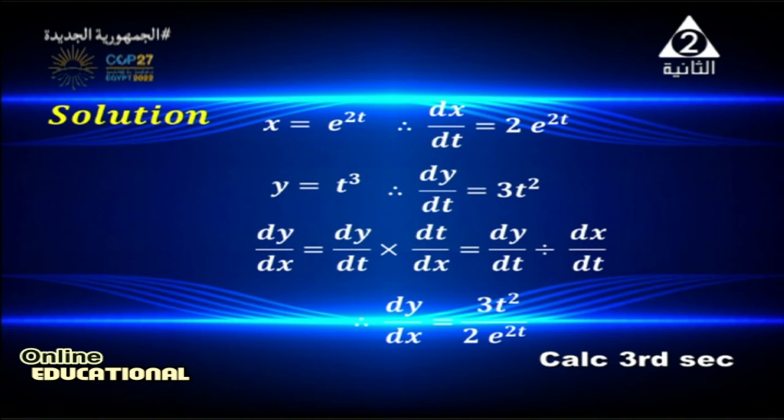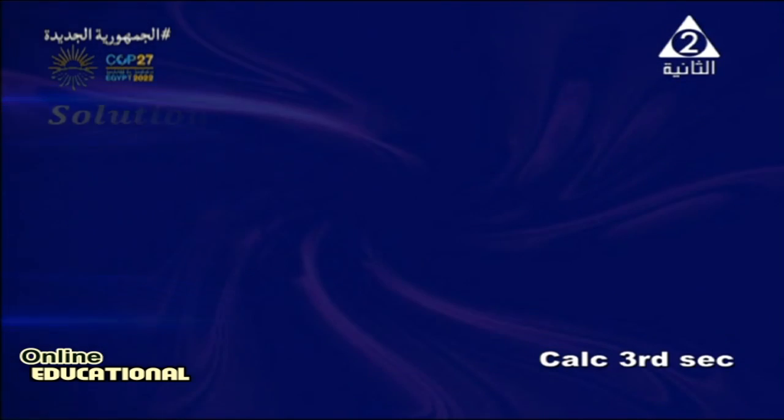Then dy/dx equals 3t power 2 divided by 2e power 2t, which is the derivative of y with respect to x. Now we can deduce the following rule.